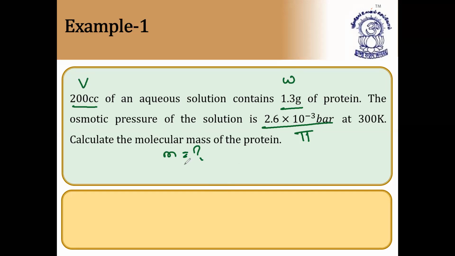So we know pi is equal to C into RT. The R is called gas constant, T is called temperature. Temperature is also given.